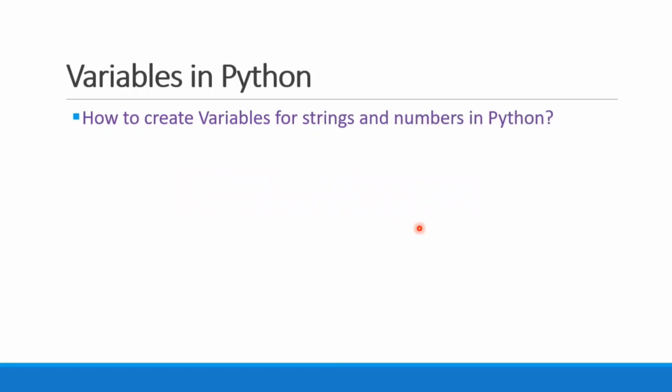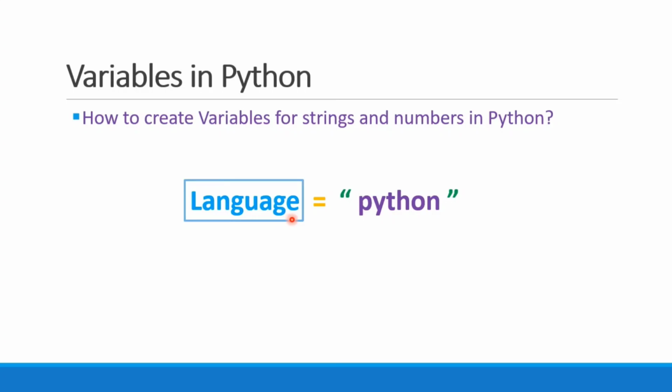For now, let's see how to create variables for strings and numbers in Python. So for creating variables for strings, you have to follow this syntax. Here, this language is basically a name of variable. Then we have this assignment operator, and then look at these two double quotes.